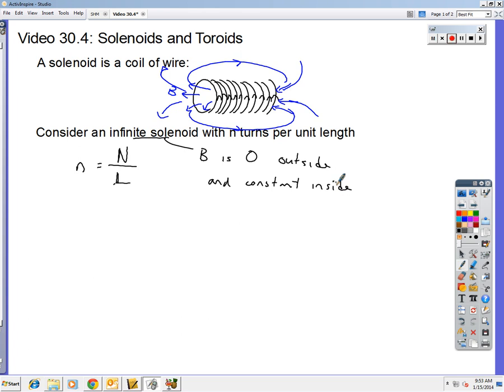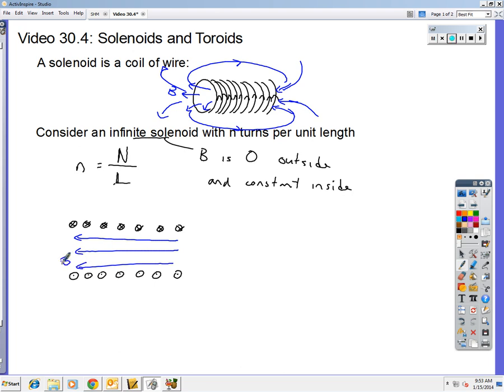If we draw a portion of the cross-section, we have a bunch of wires carrying currents into the page up here, and wires carrying currents out of the page down here. The magnetic field is uniform inside the solenoid, 0 outside of it.